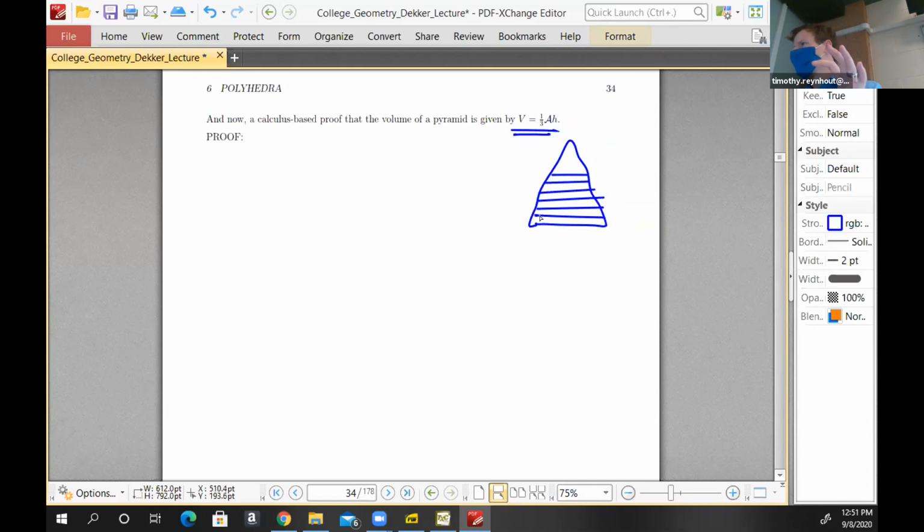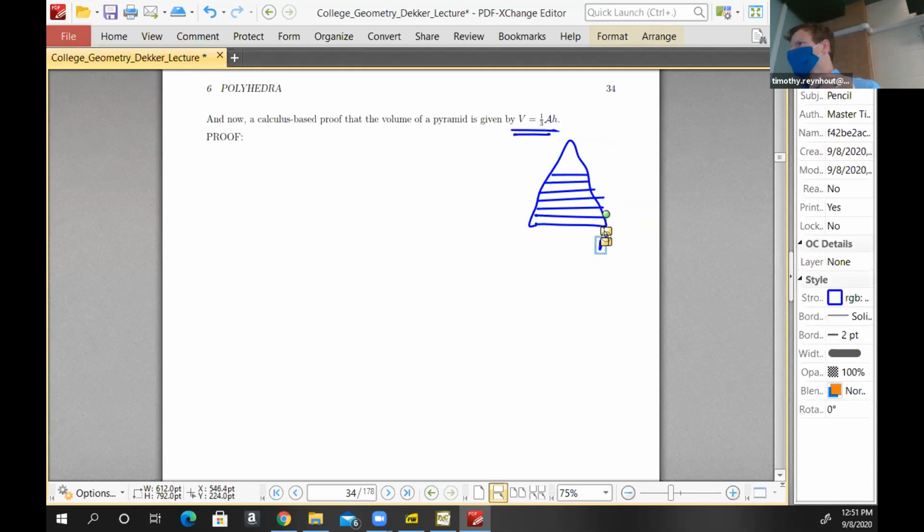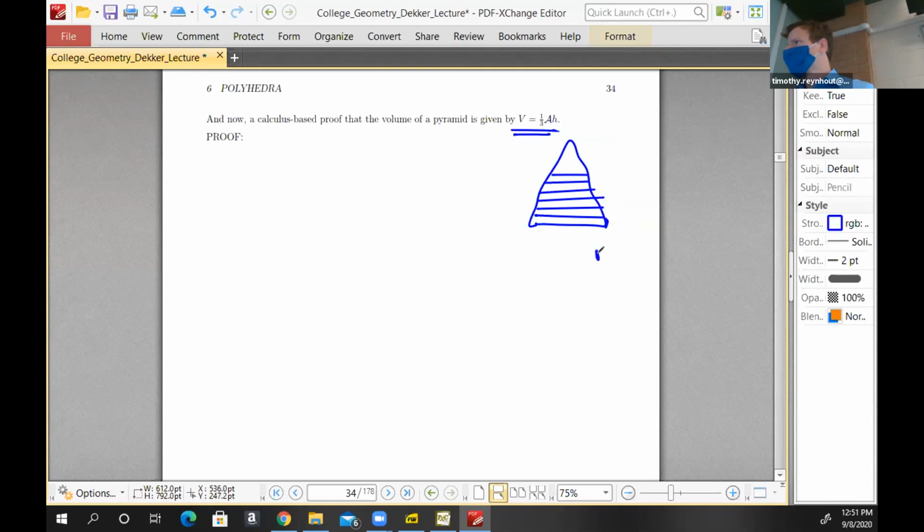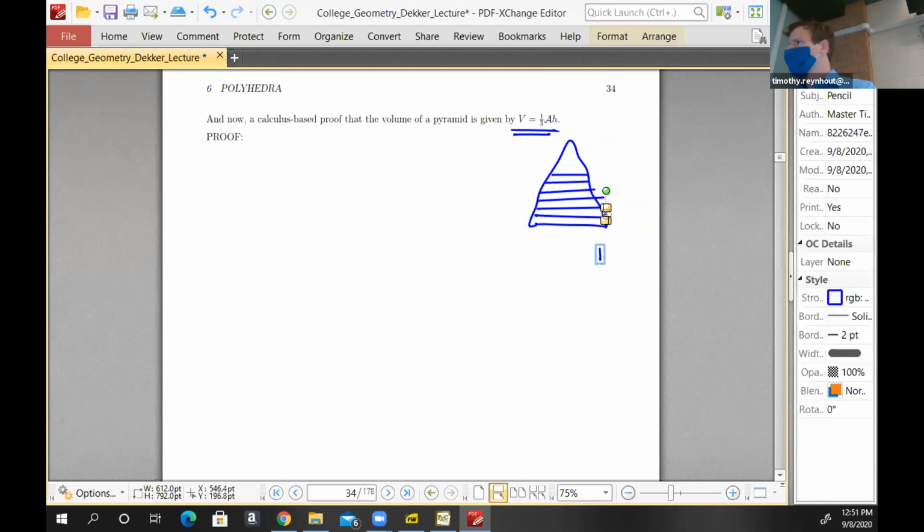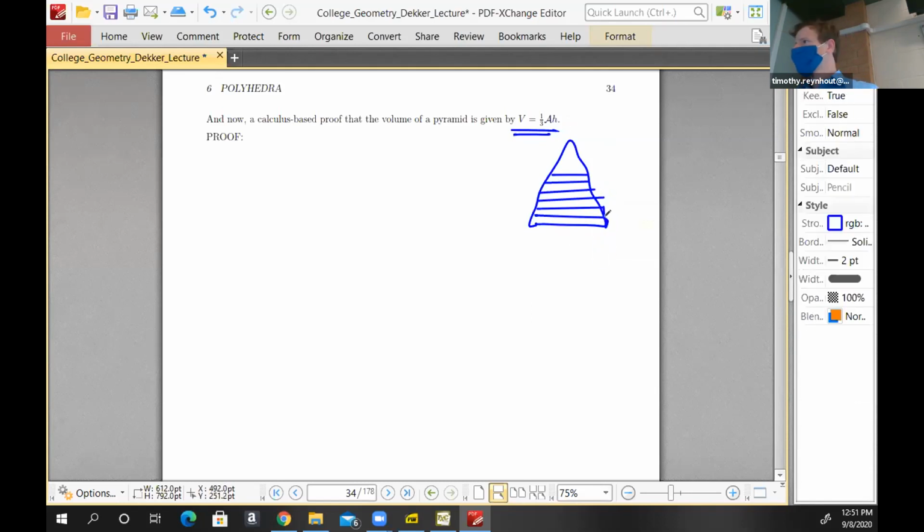Each one of these is not a pyramid, but we can approximate it with a prism, so all of the sides would be vertical for our approximation. All right, so that gives us the idea anyway.